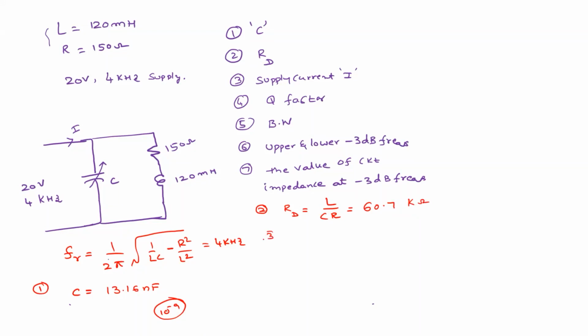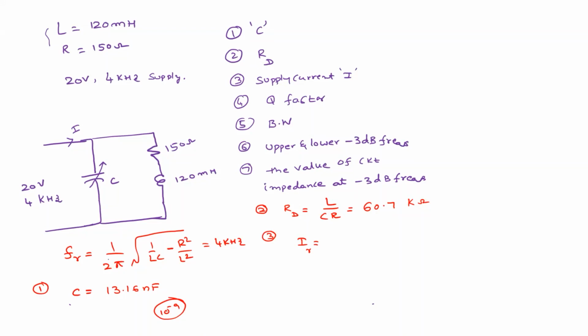So third one, what is the supply current I? This now becomes IR, the resonant current. What is the formula for this IR if you know the value of RD?